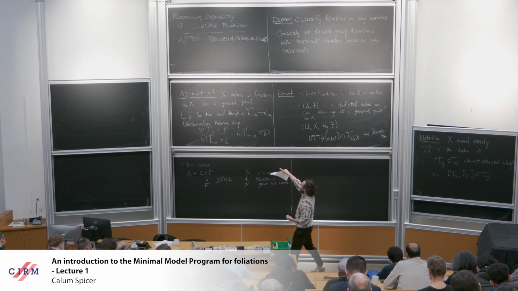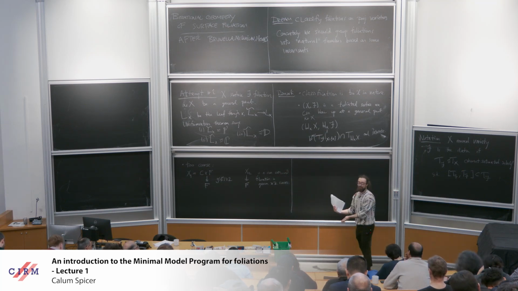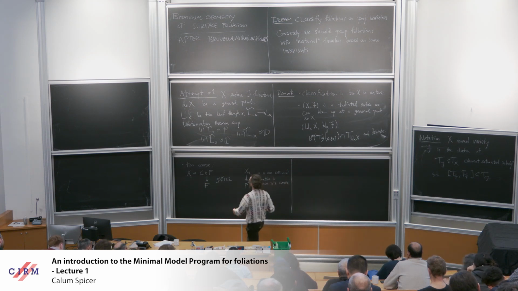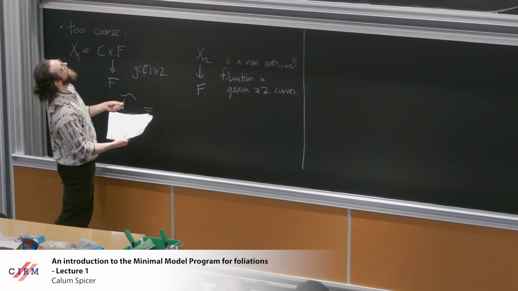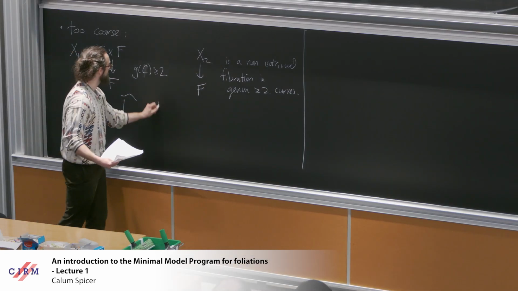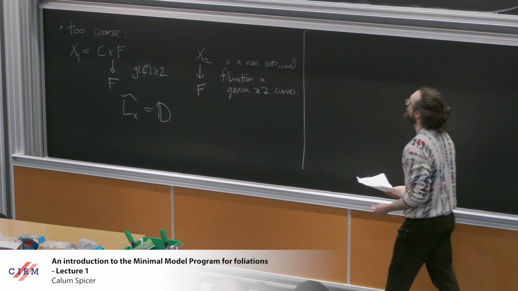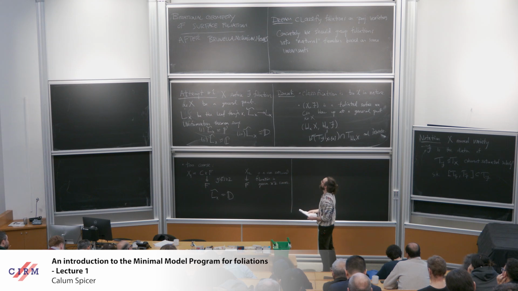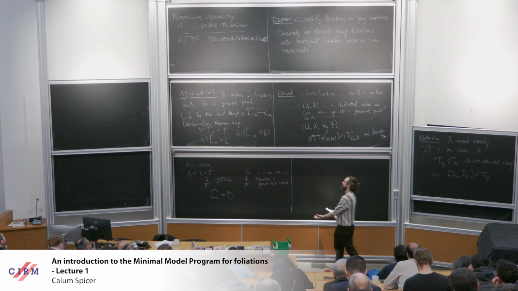So the point is that from the perspective of attempt 1, these foliations belong exactly to the same class. The universal cover of a leaf in both cases is just the universal cover of a genus greater than or equal to 2 curve, which is just the disk. So in some sense they fall into the same classification in this schema of attempt 1, but they're very different foliations.